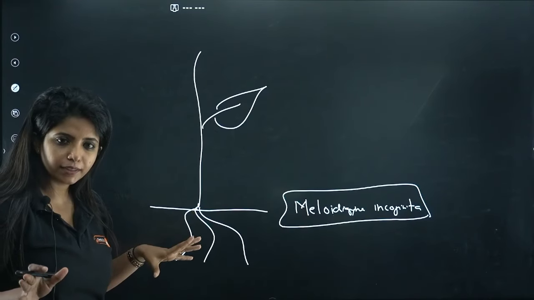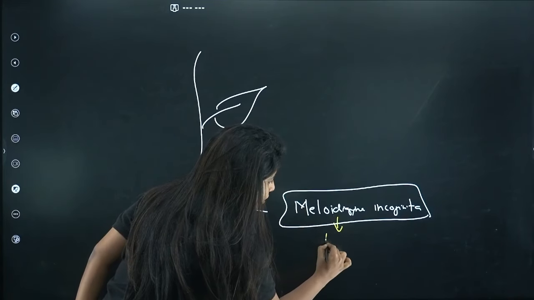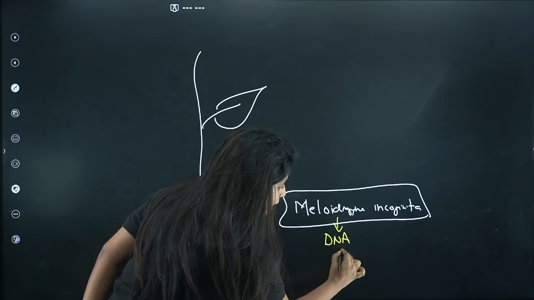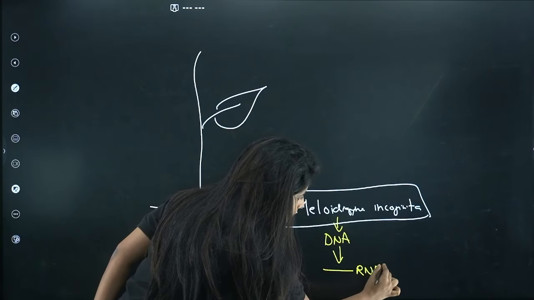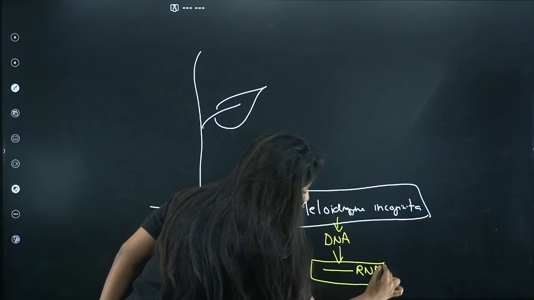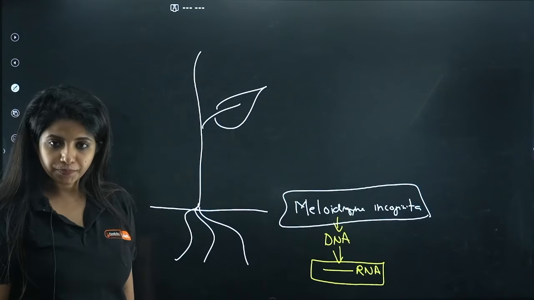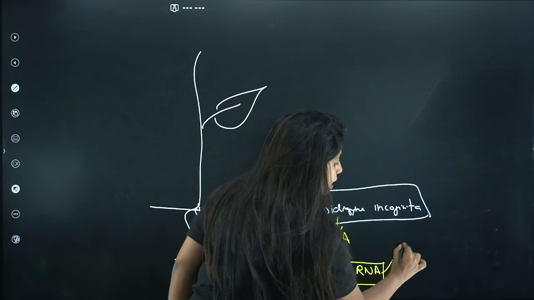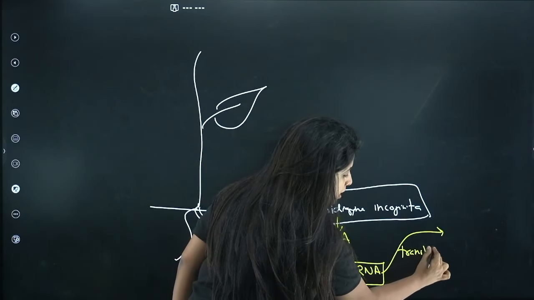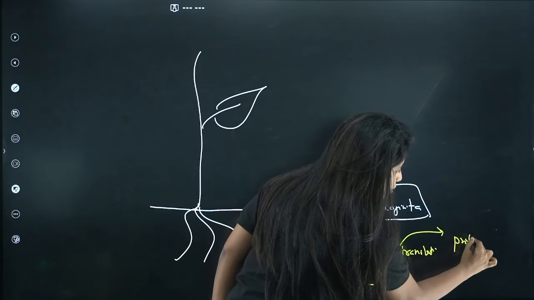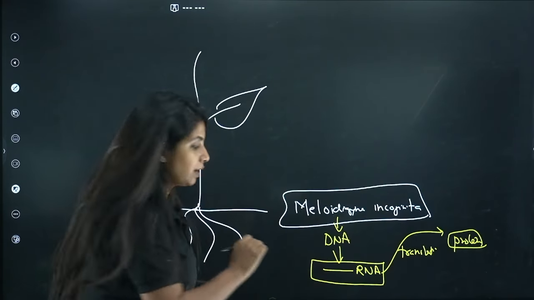It's very simple. Listen to me carefully. This particular organism has its own DNA and it basically produces an RNA complementary to it. Now this mRNA has to undergo translation to produce proteins. mRNA is usually single-stranded.